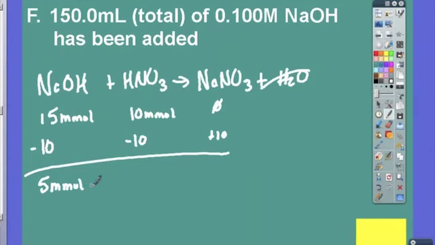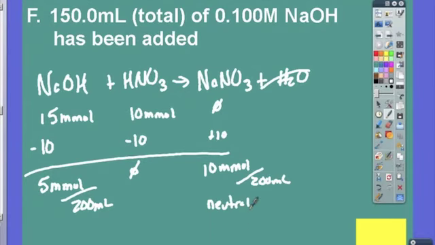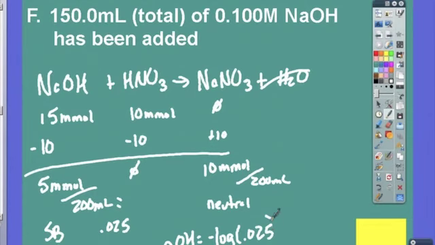We have 5, 0, and 10. Divide by total volume, which is 200 milliliters. We have a strong base and a neutral salt. So again, the only thing that matters is our strong base. Our concentration of that base is 0.025. So because it's a strong base, my pOH is equal to negative log of 0.025, which is 1.6. My pH then is 12.4.